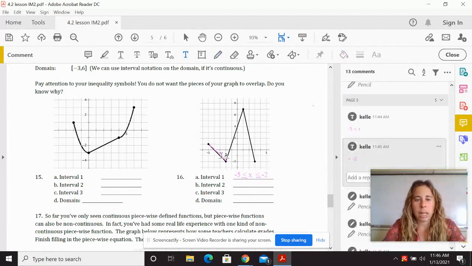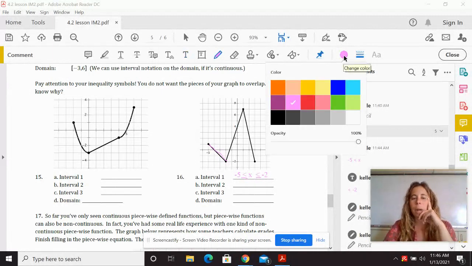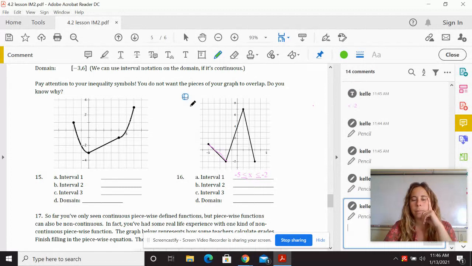So I'm going to do that. All right, let's do the second section. So go ahead and look at the second section of the graph and try and write the interval for it. Okay, so this is the second section.